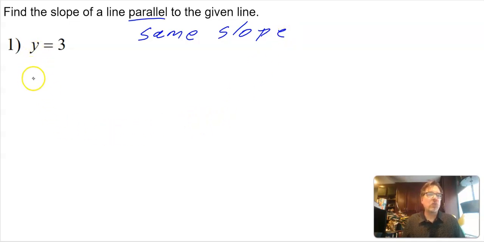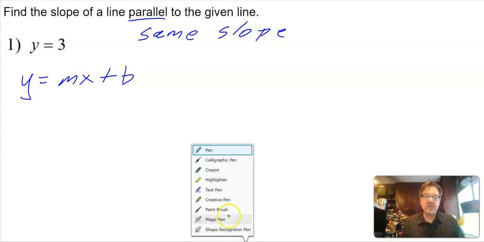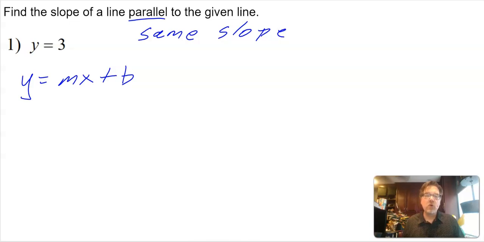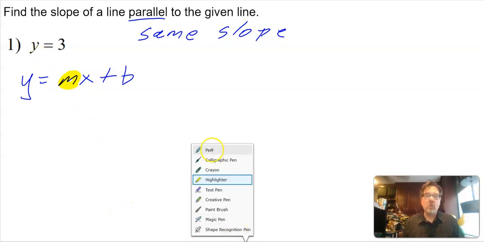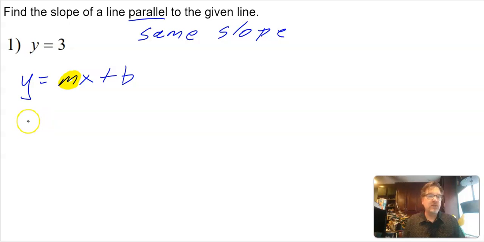So look, I've got the y by itself. So I know y equals mx plus b. If I want to find slope, slope is always the number before x. Well, looking at this line, y equals 3, there is no x. There are 0 x's in this equation.